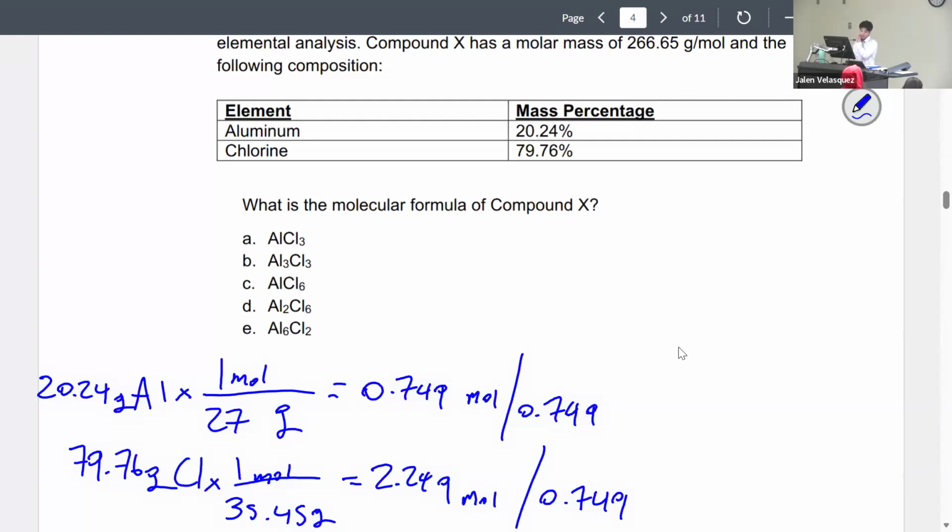So for aluminum here, 0.749 divided by itself is what? Just 1, right? So this 1 goes with aluminum. And for the chlorine, what's 2.24 divided by 0.74? It's going to be 3, right? So 3 goes with the chlorine.